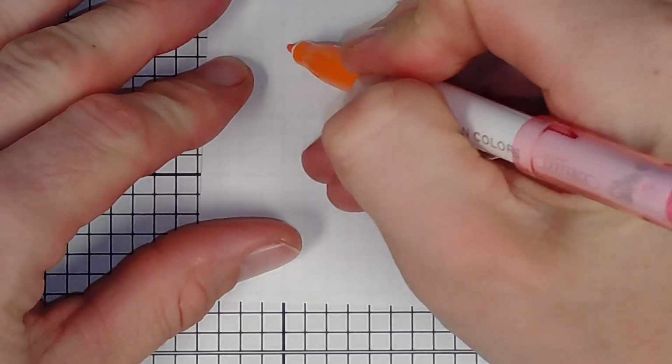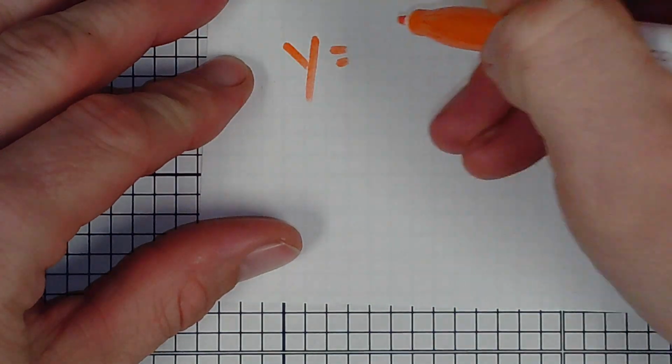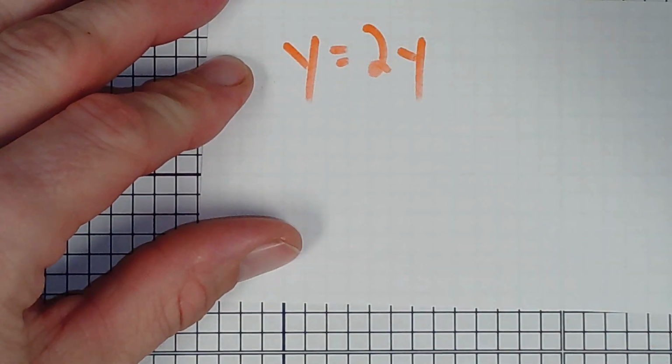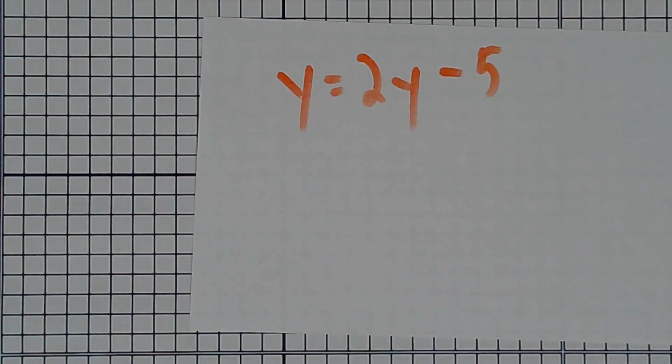We have a tangent line equation that's y equals 2x minus 5. Let's dissect this again.